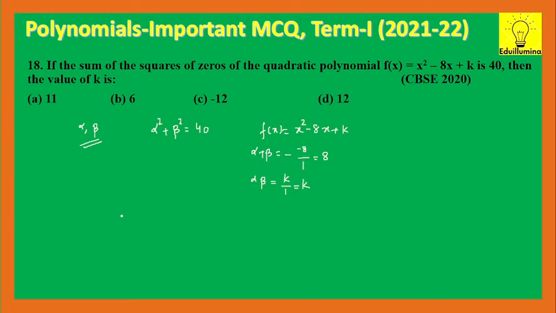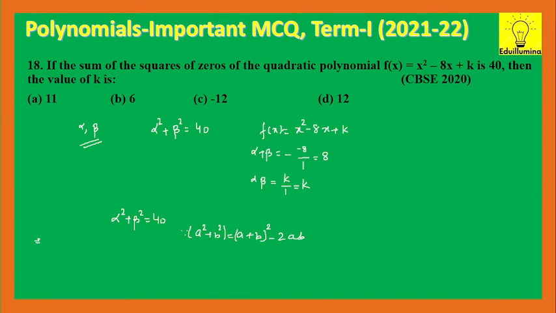Now we are given that alpha square plus beta square is equal to 40. Here we will apply the identity a square plus b square is equal to a plus b whole square minus 2ab.